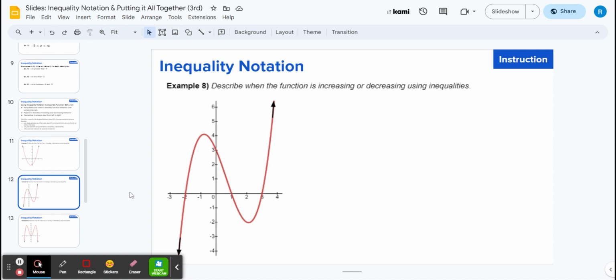So let's try this on your own. In example 8, go ahead and pause your screen, and we should have 2 spots where we're increasing and 1 spot where we're decreasing. So as we read our graph from left to right here, we'll notice this first blue section right up until that point at negative 1, we're increasing, right? So let's throw increasing on here.